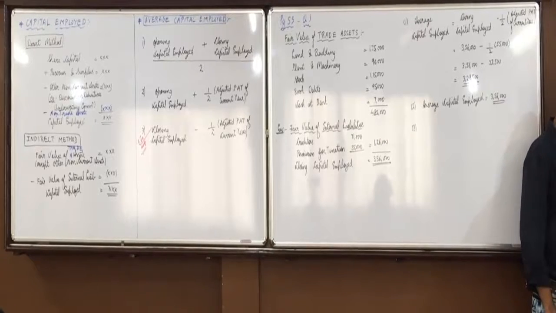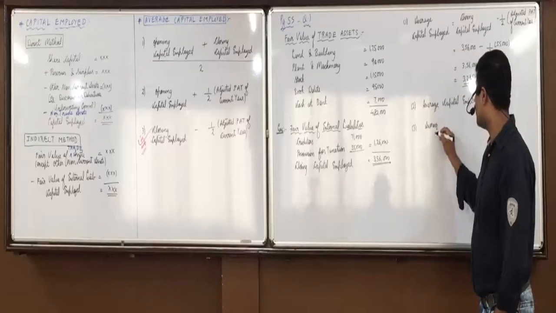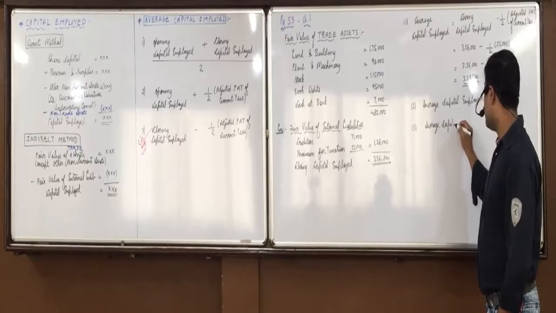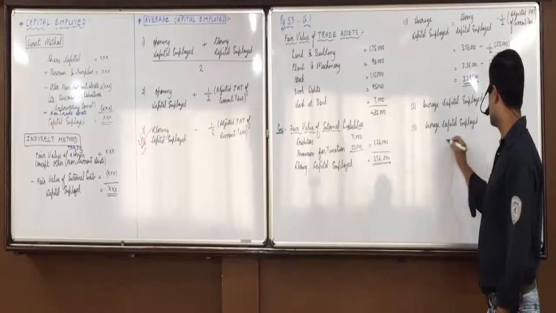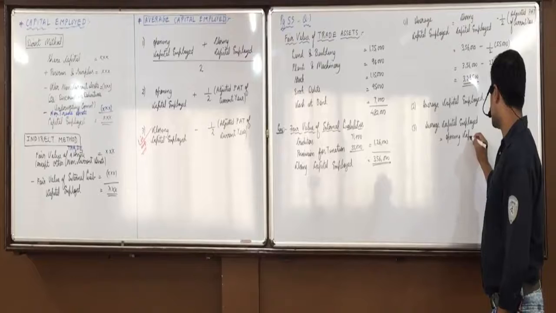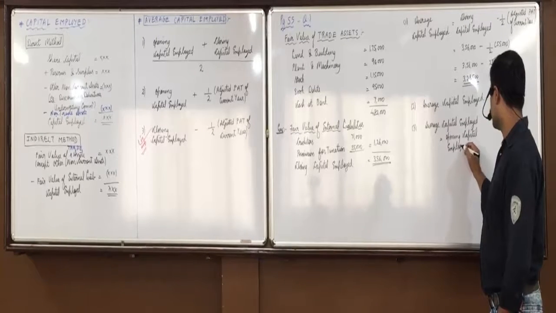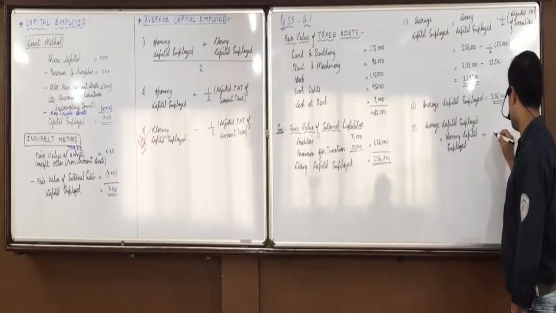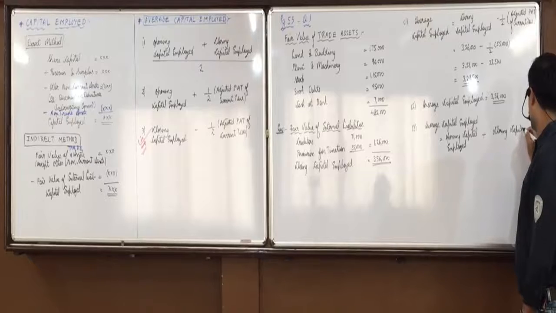Then opening capital employed is given. So now which formula will we use in the third situation? First formula. Average capital employed will be equal to opening capital employed plus closing capital employed divided by 2.